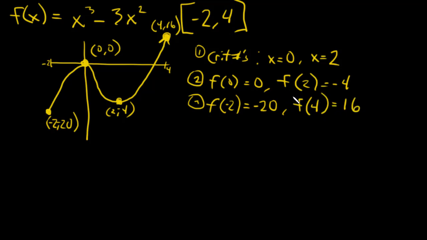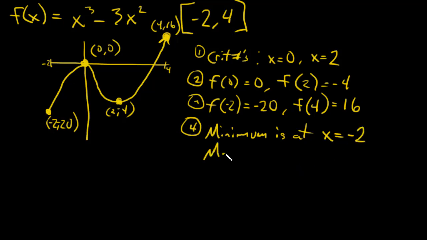Okay? Now, step 4. Which one of these values is the smallest? Well, the smallest value is negative 20, right? So the minimum is at x equals negative 2, and the maximum, well, where does the largest y value occur?